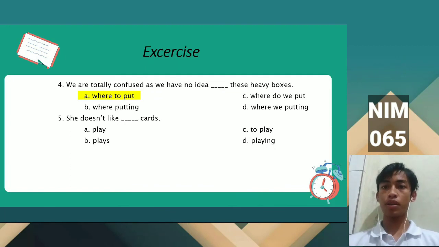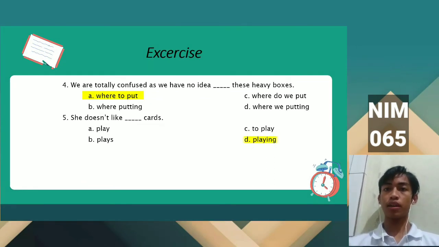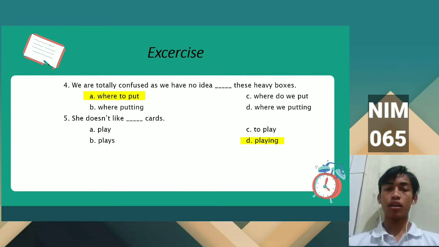The only possible answer to this question is playing. The word playing acts as the object of the sentence along with cards. So the answer is D, playing. The sentence will be, she does not like playing cards.